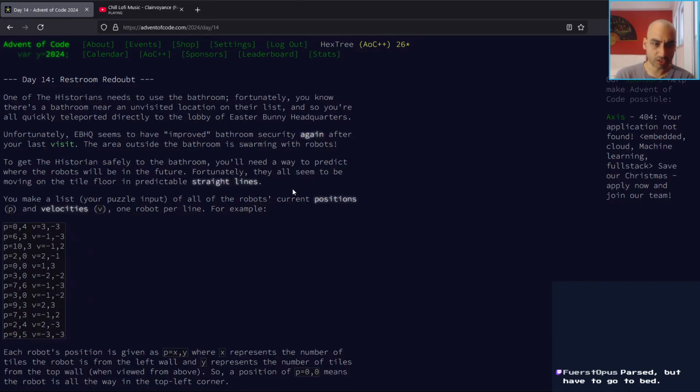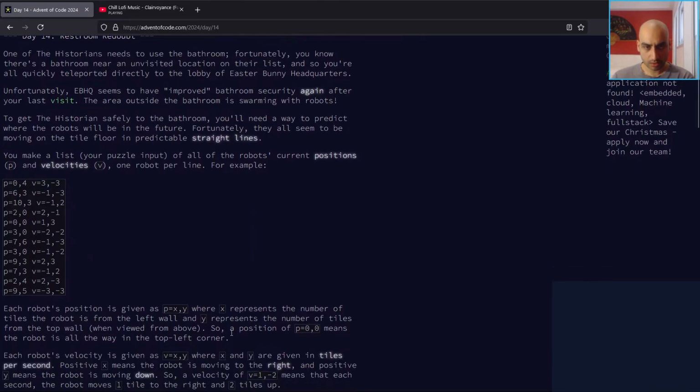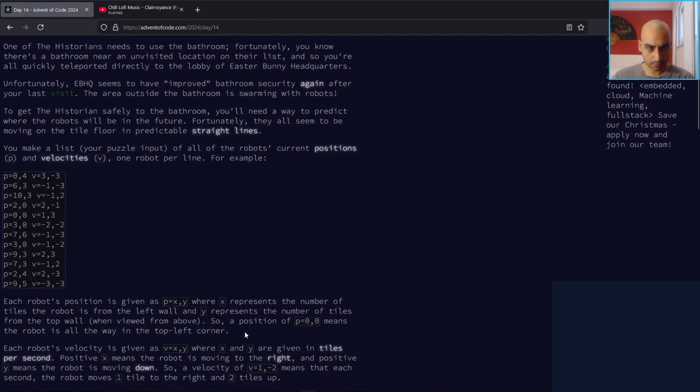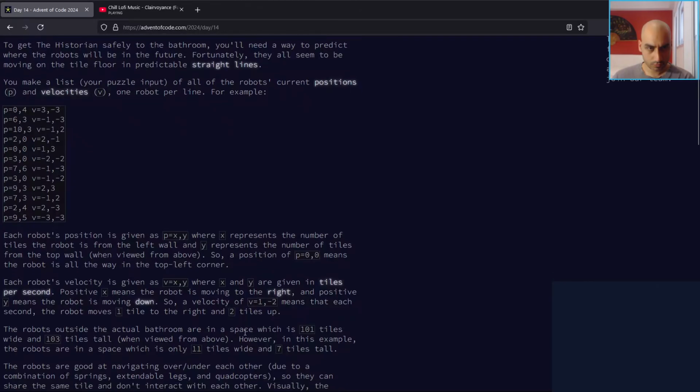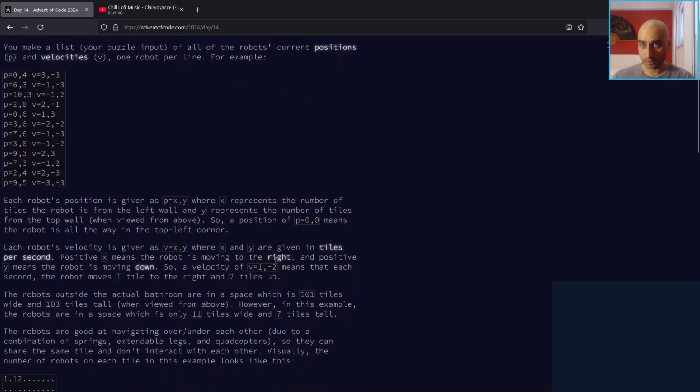Each robot's position is given as P equals X,Y.